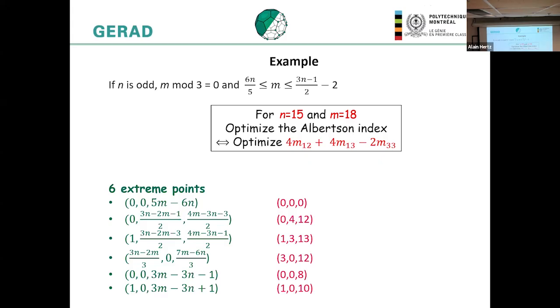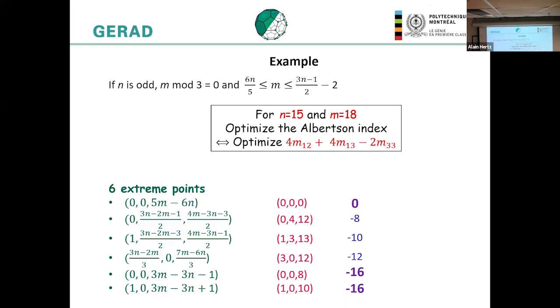Easy. Then I look at this function. Then you remember for the Albertson index, this is the function that I want to optimize. So I compute this value. So 4 times 0 plus 4 times 0 minus 2 times 0 is 0.